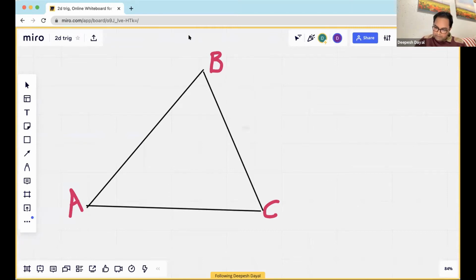It's not in capitals. Opposite B, we get a small b. And opposite C, we get a small c. Okay. And we use the sine rule.